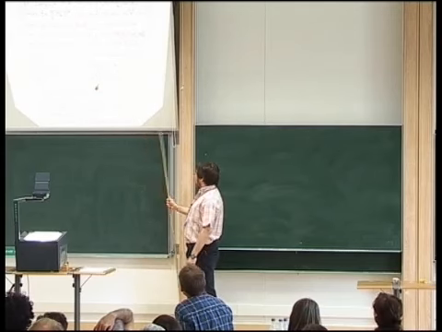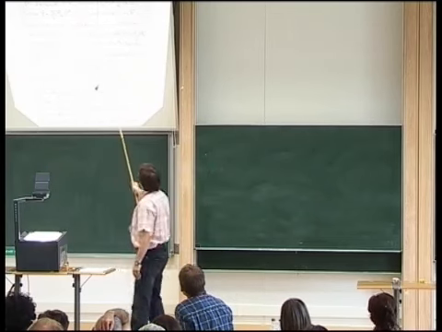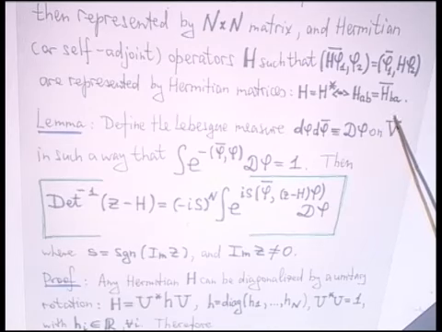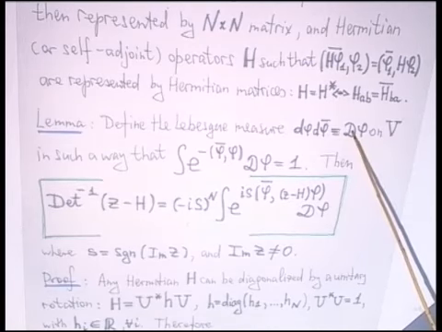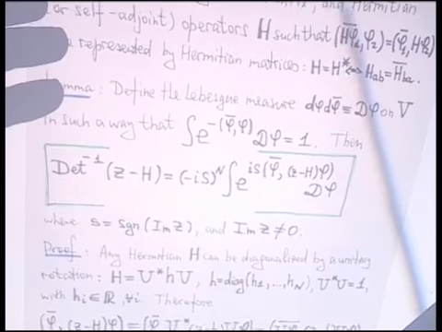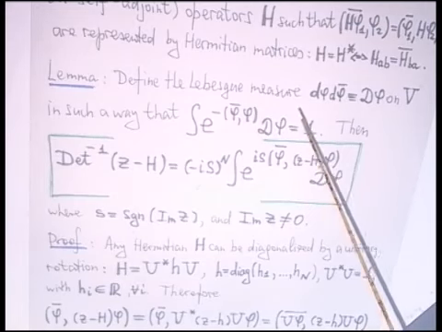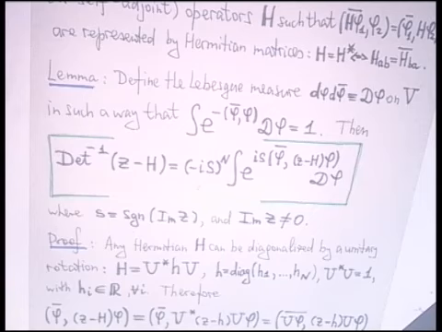I will give on the next view graph just the explicit expression of this measure, which for brevity I denote as capital D phi. But let us suppose that we defined it in such a way that we know that such an integral is equal to 1.